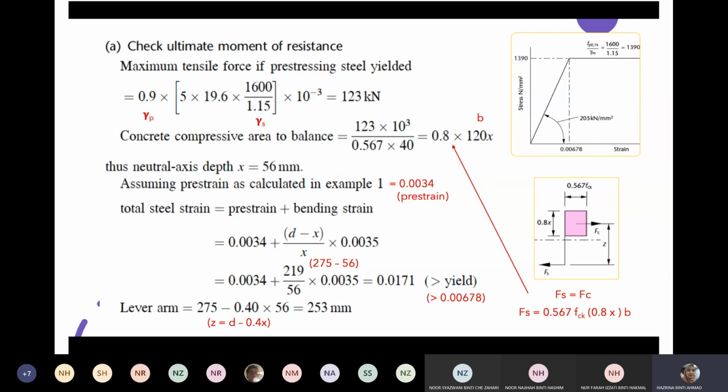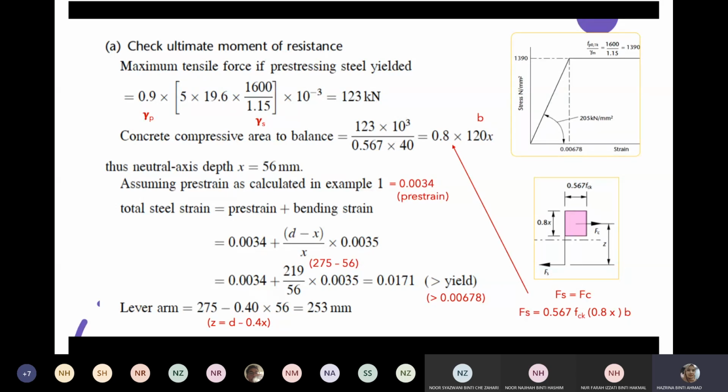We consider the factor for the pre-stress force, which is 0.9, then multiply with 5 times 19.6 times 1,600 divided by 1.15. Here we are considering the partial factor of safety for steel as well. Then we have 123 kilonewton.